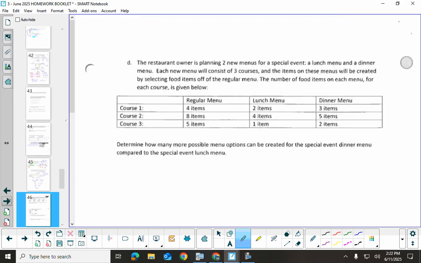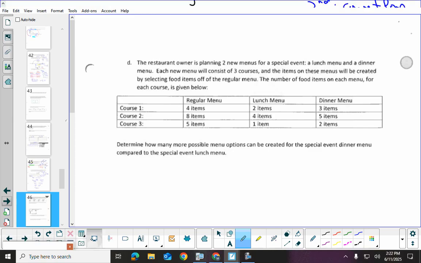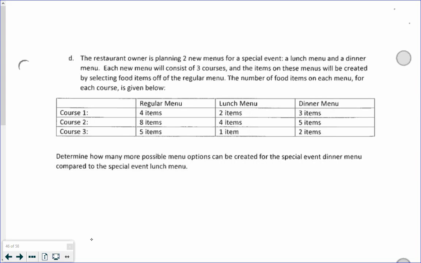Okay, this one had a part D. So there's one more part. So it says the restaurant owner, again, same theme, still in that stupid restaurant. The restaurant owner is planning 2 new menus for a special event, a lunch menu and a dinner menu.